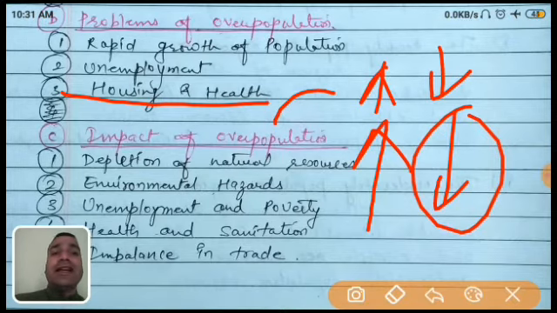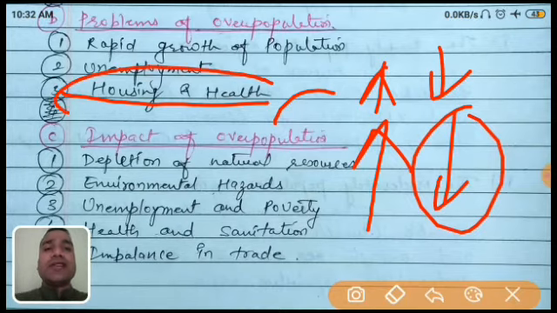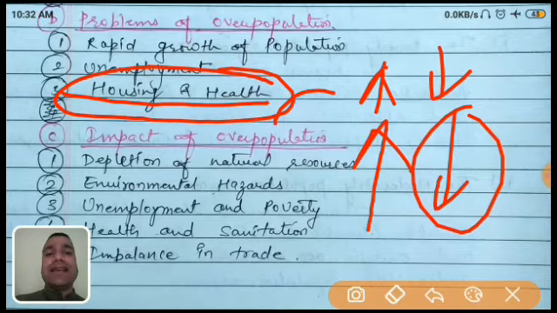They cannot get enough medicines or treatment, and they will die, or they face many diseases. I hope it is clear. In a single word we can say poor facilities of housing and health. These are only three problems; you can write more according to your need.